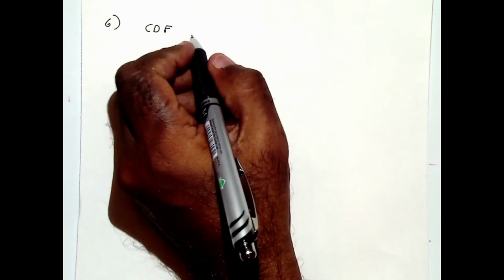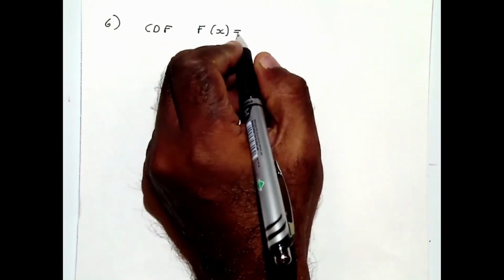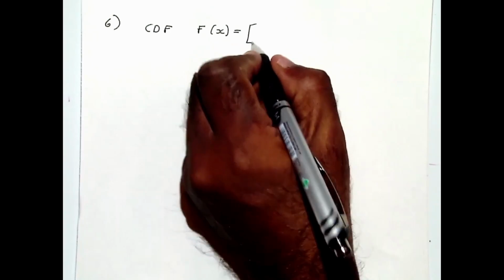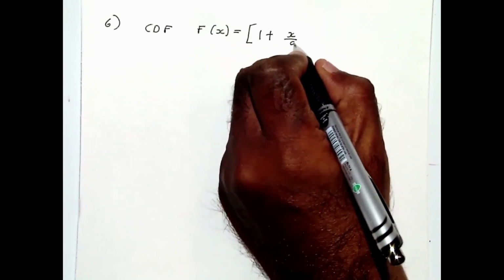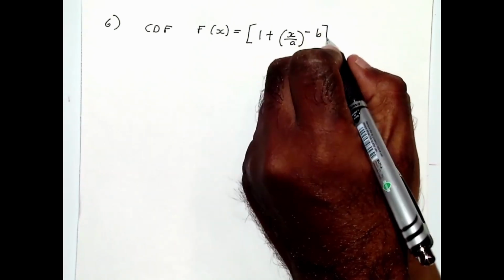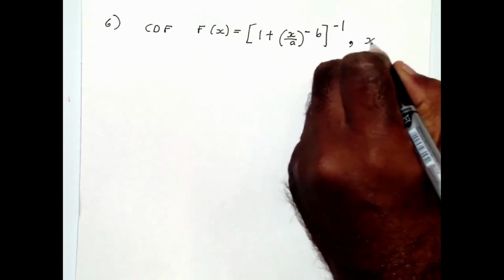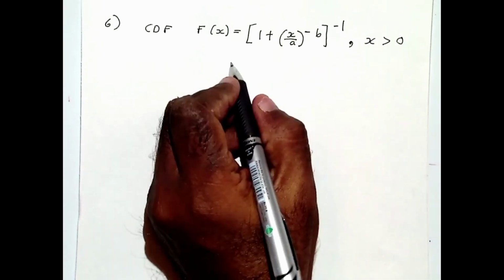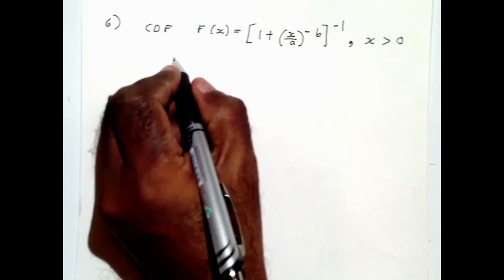So here the CDF is given as F(x) equal to this, right? And this distribution is known as the logistic or log logistic distribution, right?